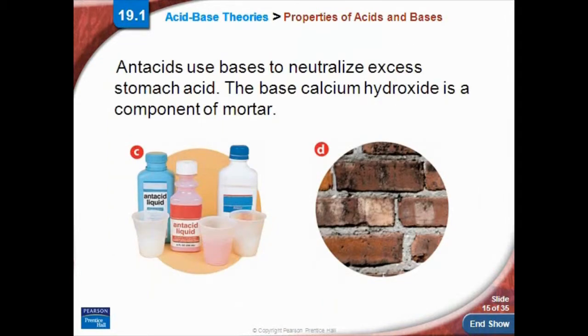Antacids are a type of base that neutralizes excess stomach acid. The base calcium hydroxide is a component of mortar that's used in bricklaying.